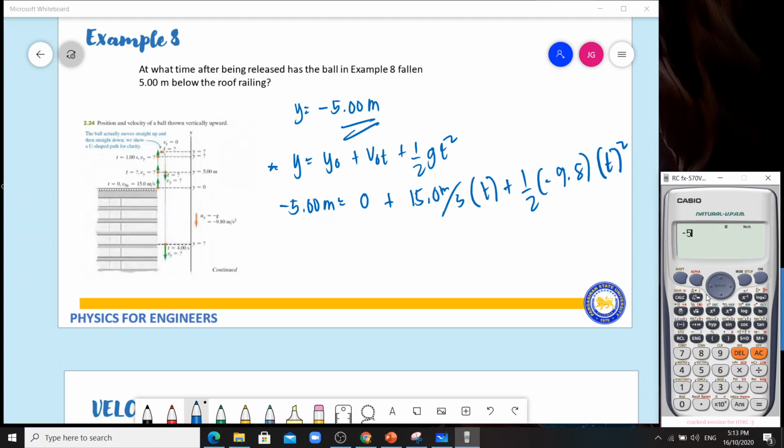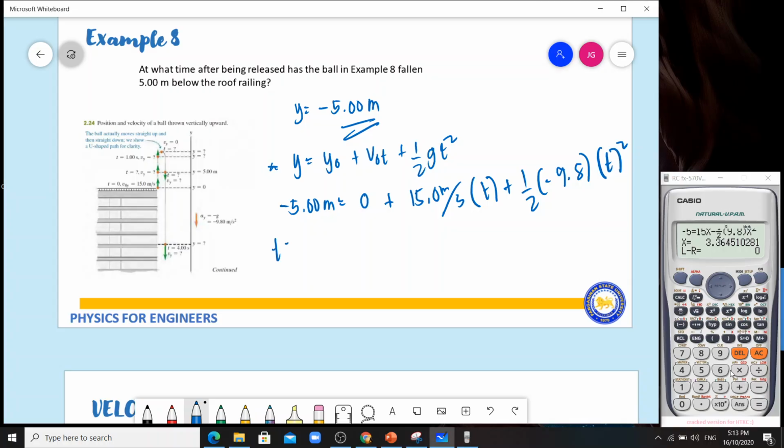So, yan ay shift solve. Okay? Negative 5, 15 x minus 1 half 9.8 alpha x squared, and then shift solve. Okay?